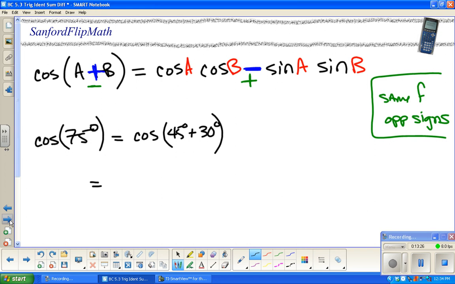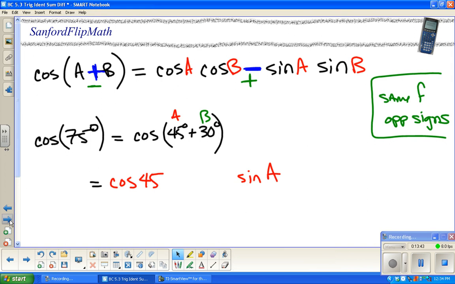So following this rule then, here's my A, and here's my B. So following A, I'm going to do cosine of A. Sine of A down here, remember it's cosine, cosine. Sine, sine. That is funny. I wrote A. Not so clever, Sanford.